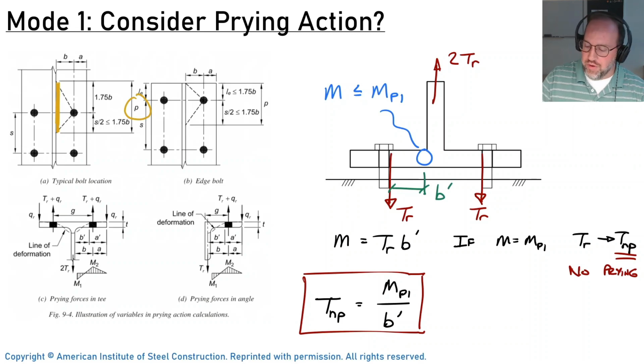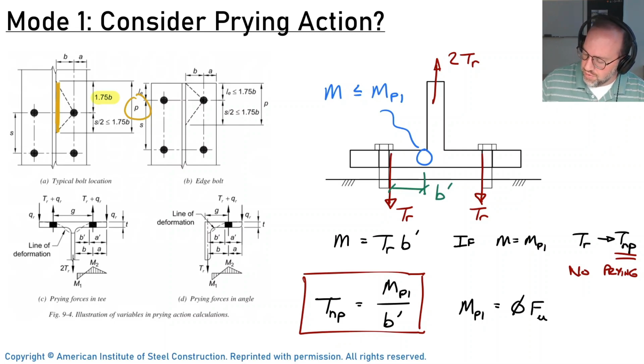Now that tributary width is going to be determined by half your bolt spacing to each side, or if you run into the edge of a plate, that's obviously going to control your width. The maximum that you can go to each side is 1.75 B. So therefore we can find the plastic moment capacity MP1 just using plastic moment capacity for a plate. So this is phi times FU times 1/4 PT squared.